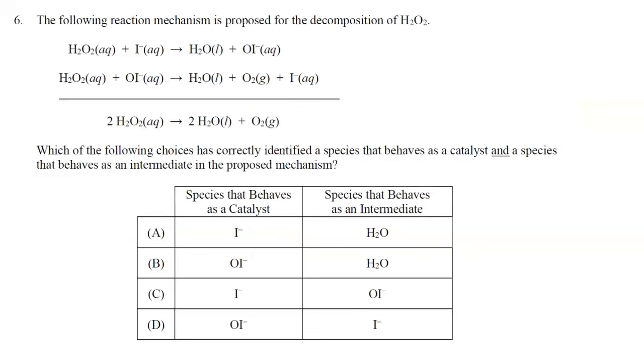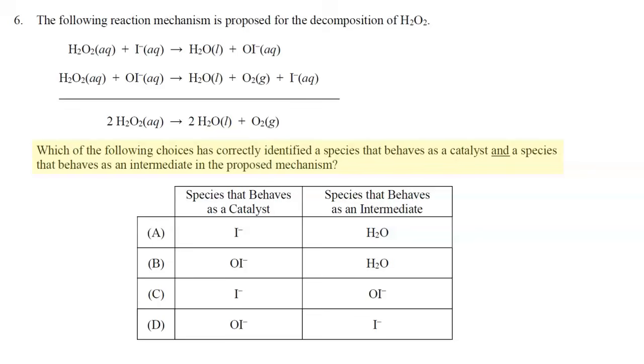Now let's take a look at question 6. Question 6 says, the following reaction mechanism is proposed for the decomposition of H2O2, hydrogen peroxide. Which of the following choices has correctly identified a species that behaves as a catalyst and a species that behaves as an intermediate in the proposed mechanism?